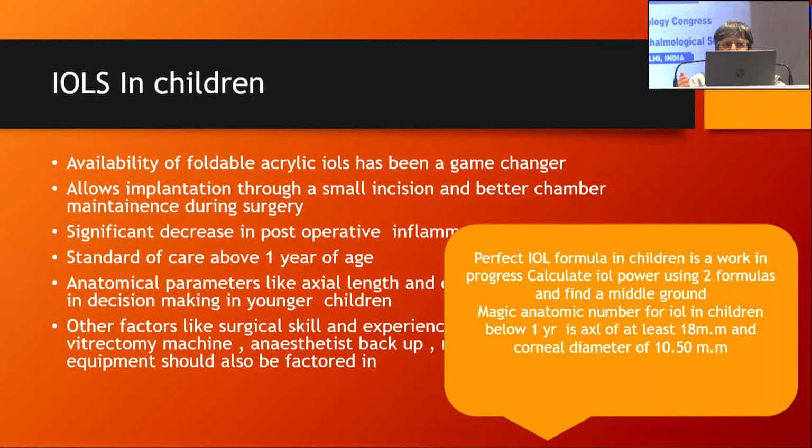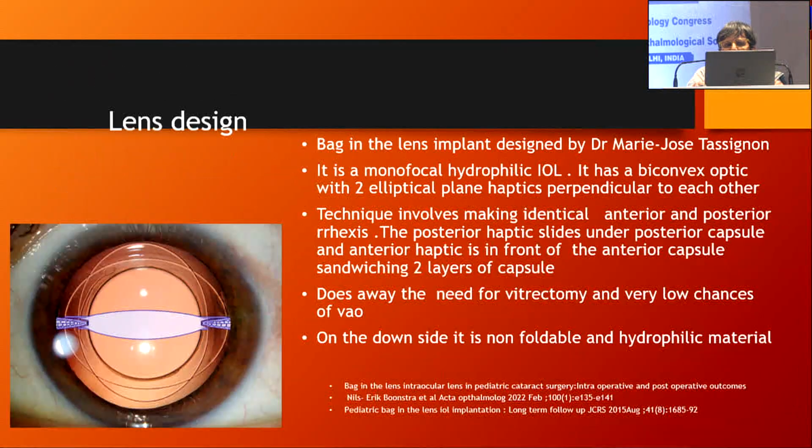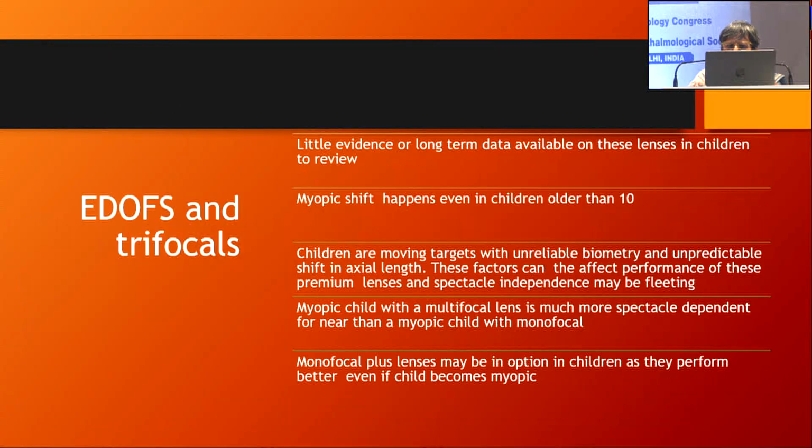We have done some work on Barrett's formula for children, and the prediction error was pretty much the same as for the other standard formulas which we have used. Lens designs, again, the lens in the back is probably something which looks to the future, where you can do away with vitrectomy, and you can have a clear visual axis, and probably this is one way of avoiding the whole vitrectomy thing.